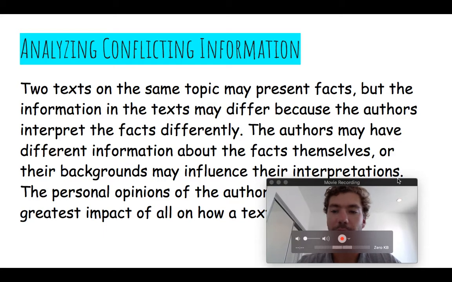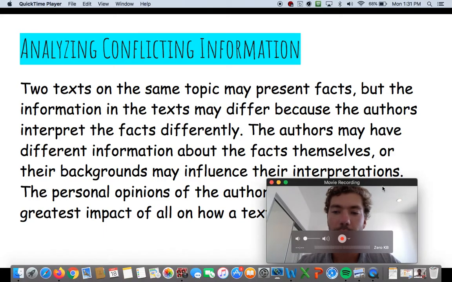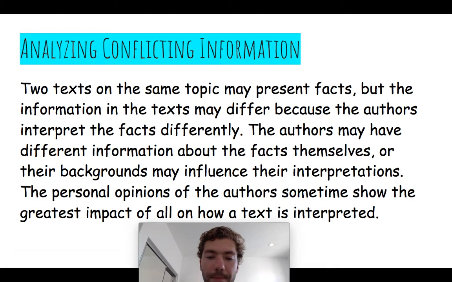Okay, so I know this is a big paragraph. Real quick though, analyzing conflicting information. Two texts on the same topic may present facts, but the information in the texts may differ because the authors interpret the facts differently. The authors may have different information about the facts themselves, or their backgrounds may influence their interpretations.